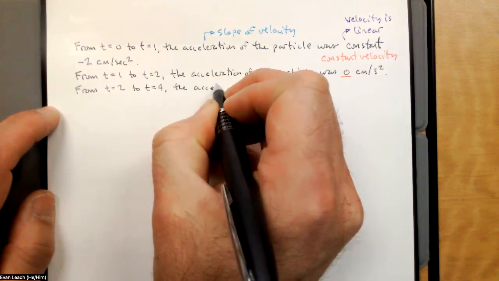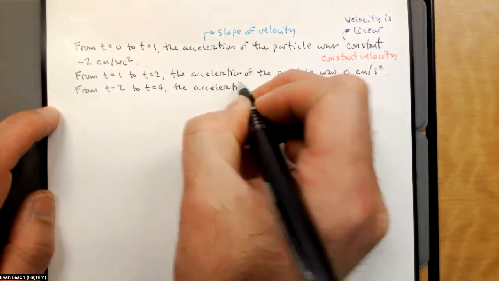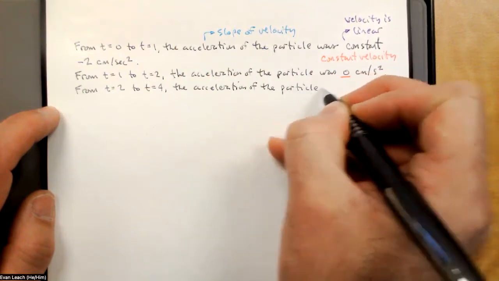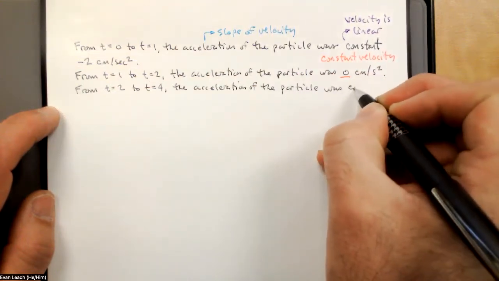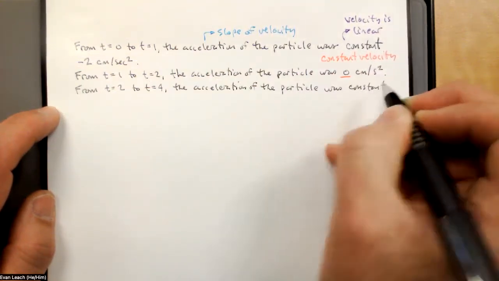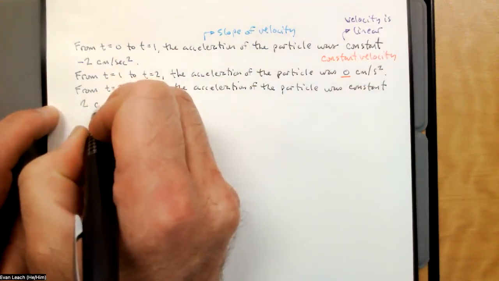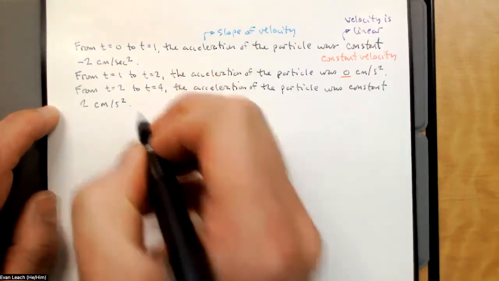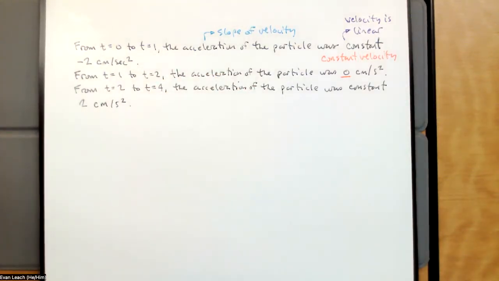So we could say from t equals 2 to t equals 4, the acceleration of the particle was once again a constant, but this time positive 2 centimeters per second squared. And then from t equals 4 to t equals 5, once again, the particle is moving with constant velocity.